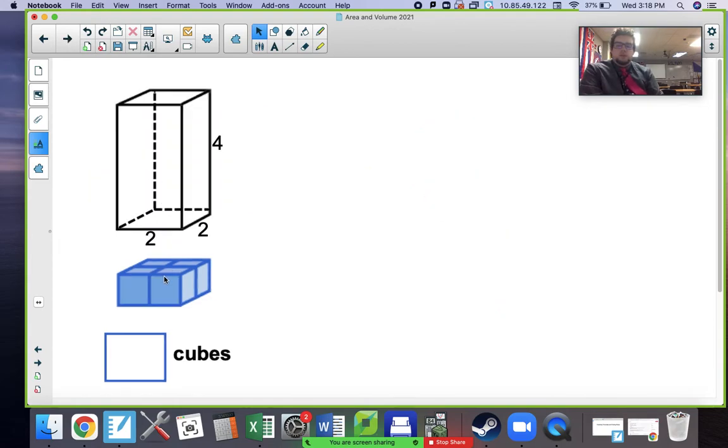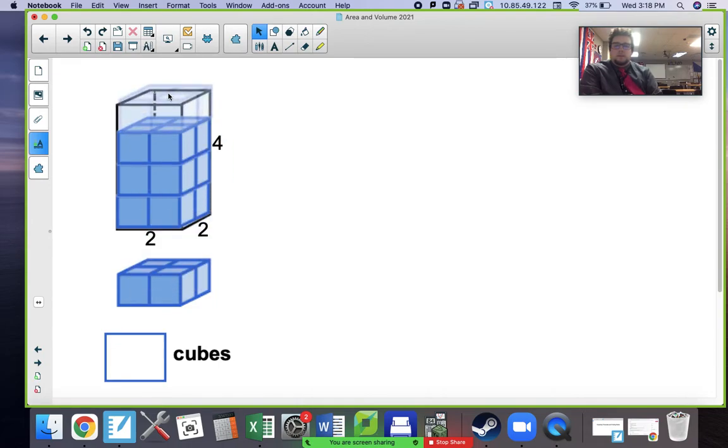So for this one, if we want to just use our picture, 2 times 2, so this thing's got an area of 4. So if I kind of cut this like this, 2 squares by 2 squares, it's got area of 4, and then I'm going to stack 4 sets of cubes on top of each other. 4, 8, 12, 16 total cubes.